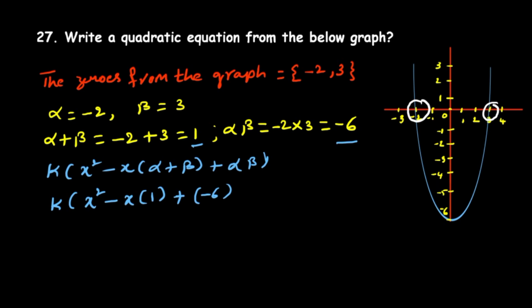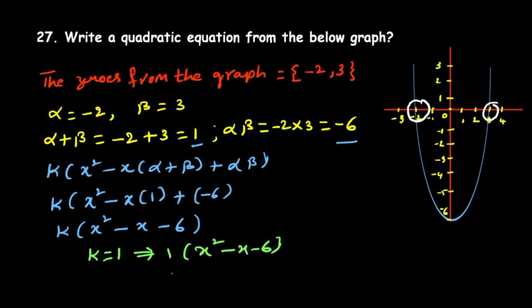So k into x square minus x minus 6. Okay, so what we do now, we should take k equal to 1. You know why? The reason is there is no denominator value, so we take k equal to 1. So don't draw the line, just k equal to 1. Now by taking k equal to 1, here we get 1 into x square minus x minus 6. After multiplying with this 1, the final answer you will get is x square minus x minus 6.